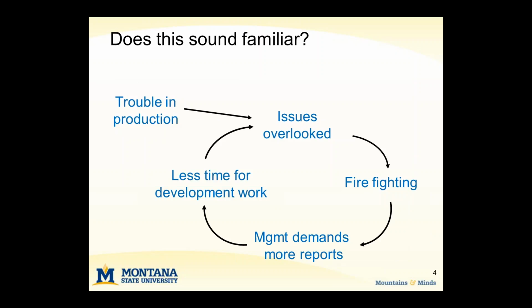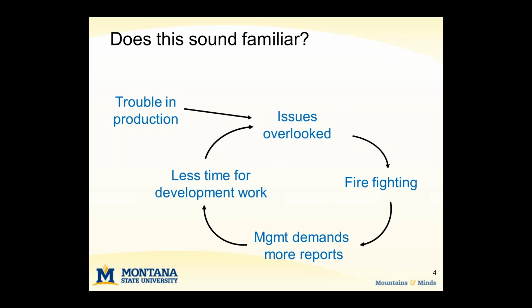Thought I might start with a situation that you might find familiar. Perhaps there's been an issue that's popped up in production and that produces a lot of excitement in the organization and a lot of firefighting, and management, of course, wants to stay on top of what's going on. And so what they would like to do is get reports on how things are going.